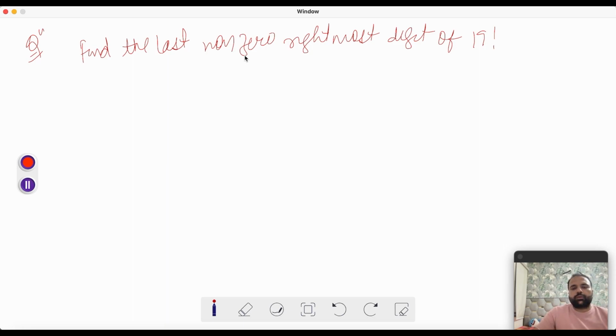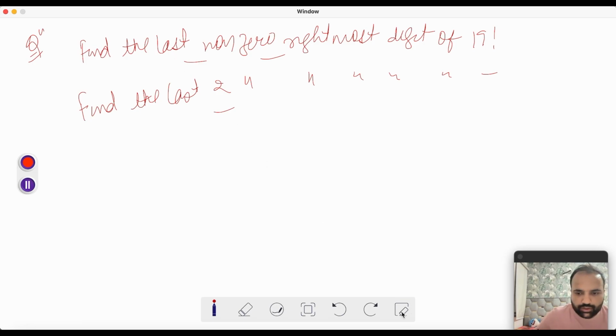Also there are questions where you find the last two non-zero rightmost digits of any factorial. So basically in this class we would be learning how to find the last one or two non-zero rightmost digits of any factorial. That's what we are going to learn.